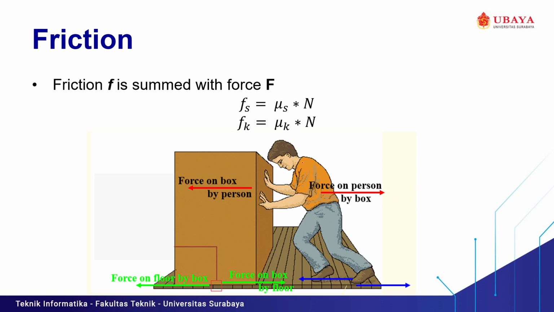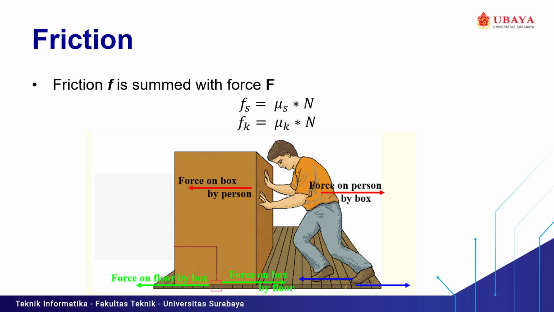So the person is pushing this box. Then we have a force on box by person. And as stated by the third law, the box will exert an equal but opposite force. So this is a force on person by box.